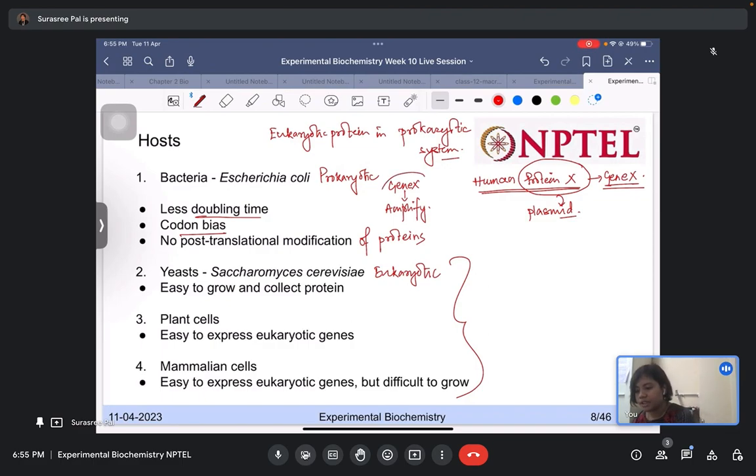So the gene X is amplified by PCR, and then what happens?